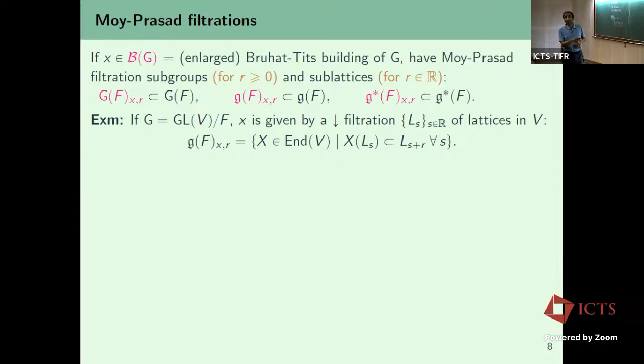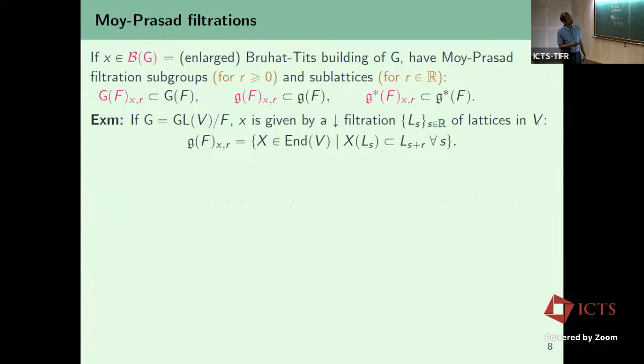If G is GL(V) over F, any point in the building is given by a decreasing filtration of lattices with some properties, and G(F)_{x,r} is the set of all x in End(V) which takes the s-th lattice to the (s+r)-th lattice. If r is large, the (s+r)-th lattice will be much smaller than the s-th lattice, and therefore x will be much closer to the identity. This is kind of like a valuation of root datum, except that these are subgroups of the entire G.